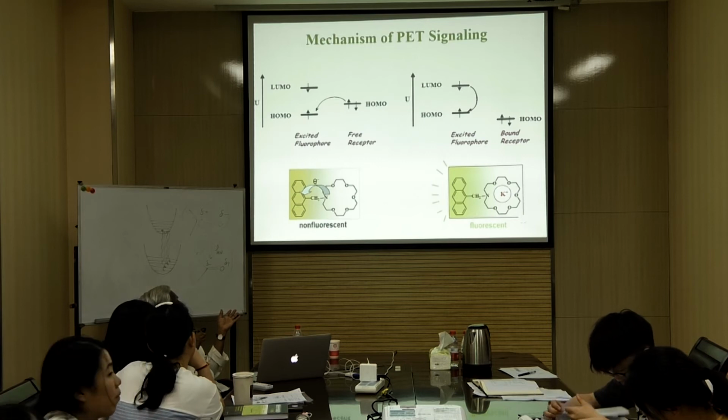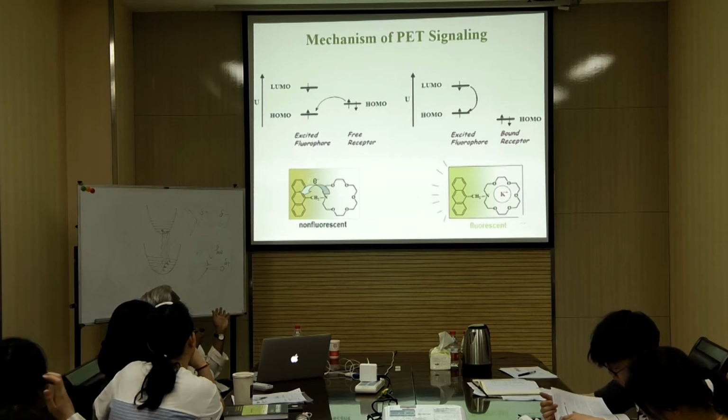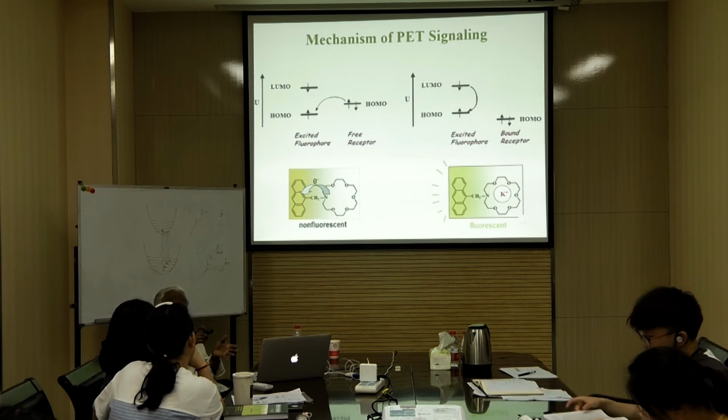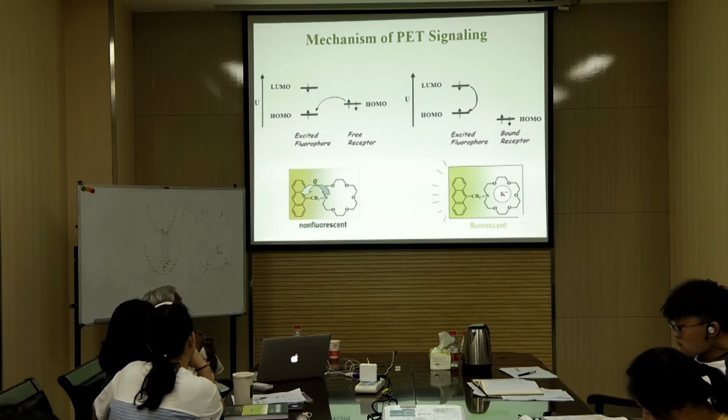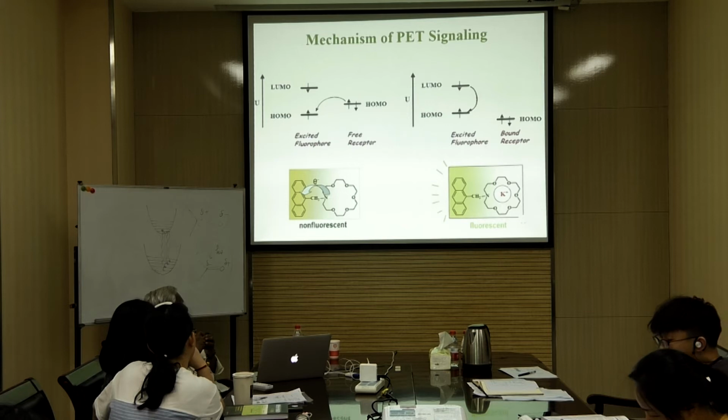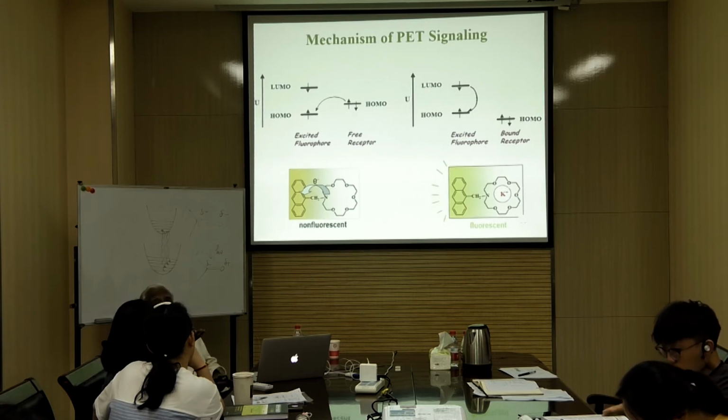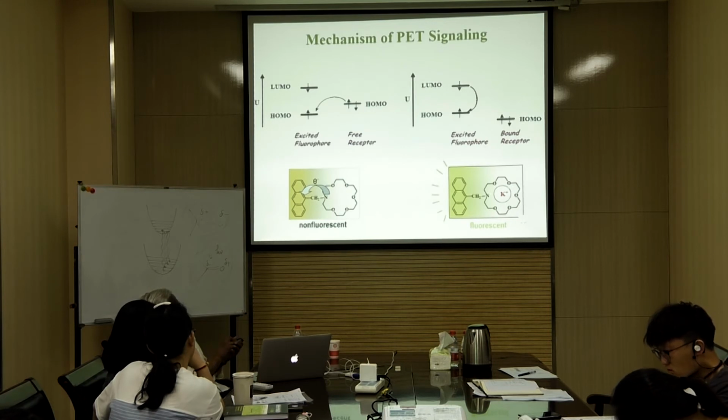Now the lone pair electrons will move from here to here, and then the fluorescence is quenched. Now, if you can tie up these electrons, which is done in the case of this compound with the potassium plus, it will interact with the lone pair. Then these two electrons are interacting with the potassium, so it is not going to be able to transfer the electron from here to here. If it is not transferring, this molecule is going to become strongly fluorescent.